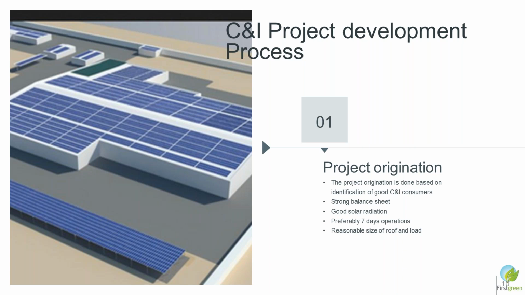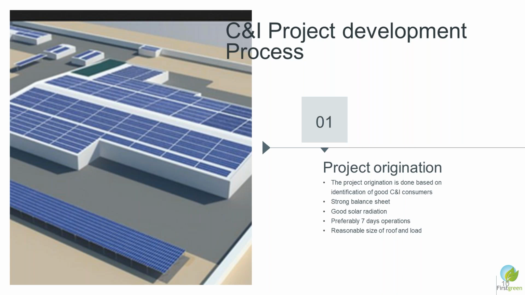Not only that, the roof should have a good orientation so that you get a favorable slope towards the south, especially when we talk about Indian conditions. You need reasonably good solar radiation at that location so that you can generate electricity from the sun.